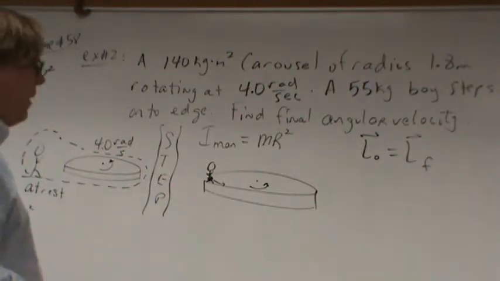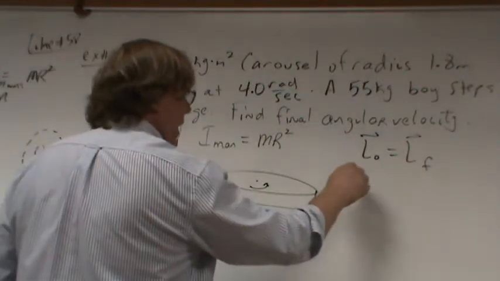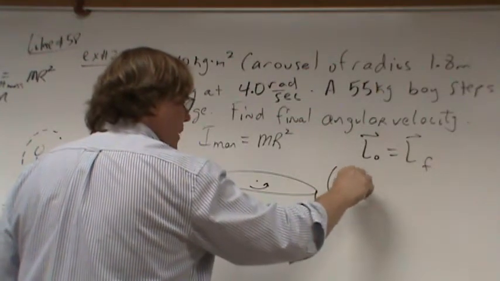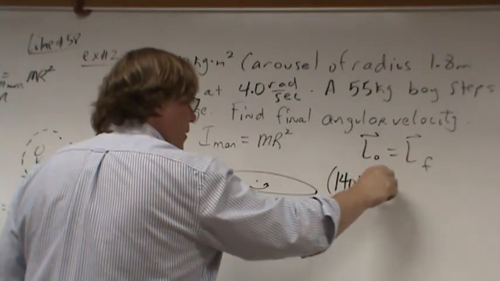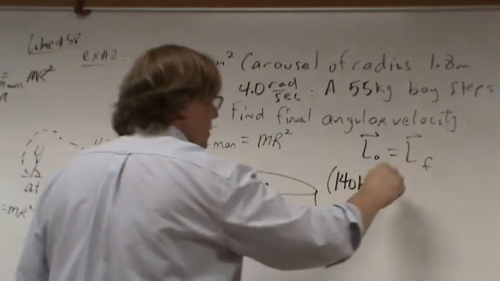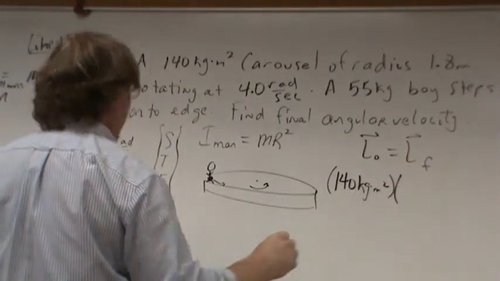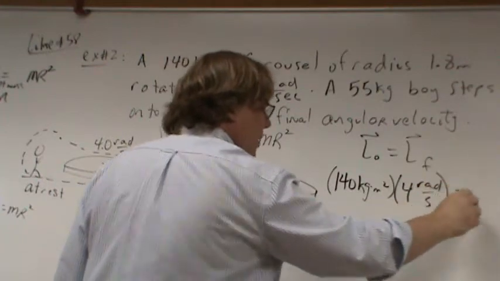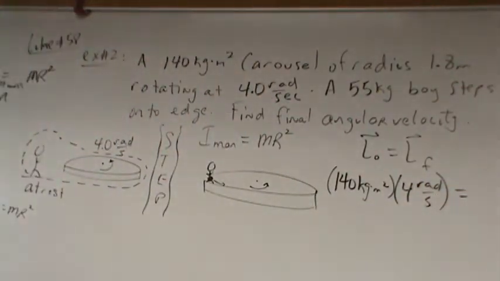Alrighty, let's go for it. Initially, I hope all you've got is the 140 kilogram meter squared of the carousel multiplied by the 4 radians per second. That's all you've got initially. That's the initial angular momentum.